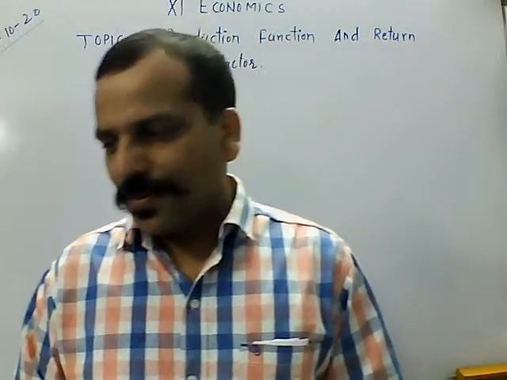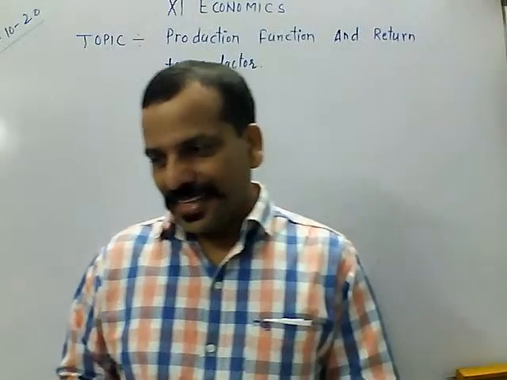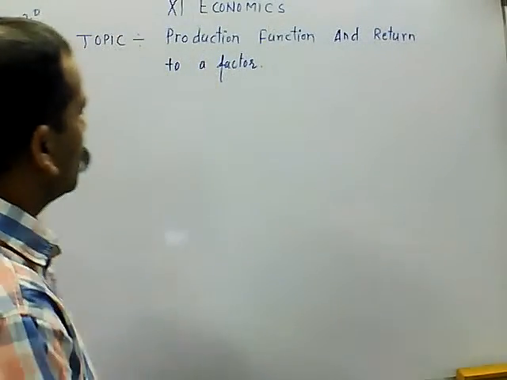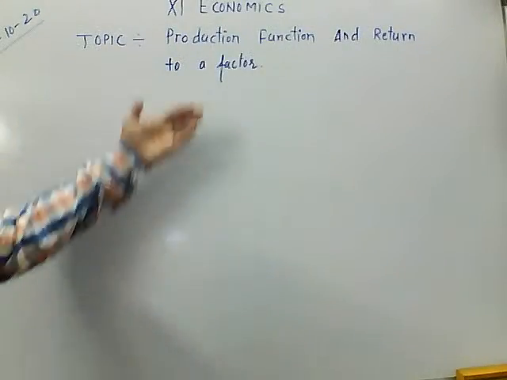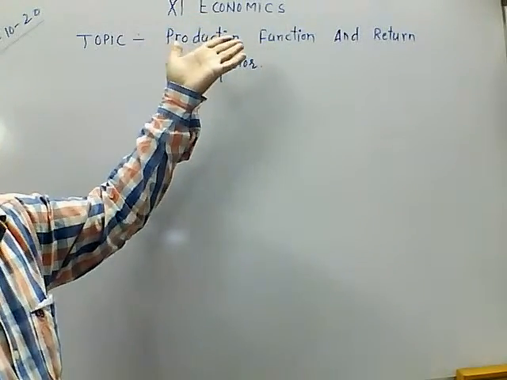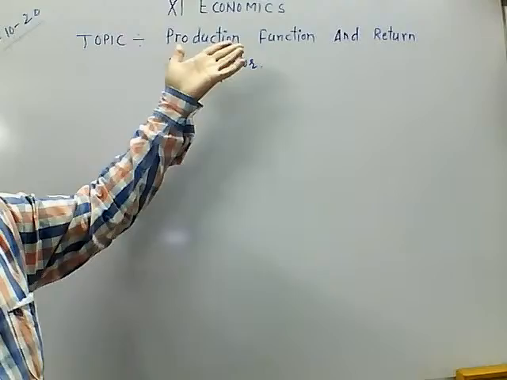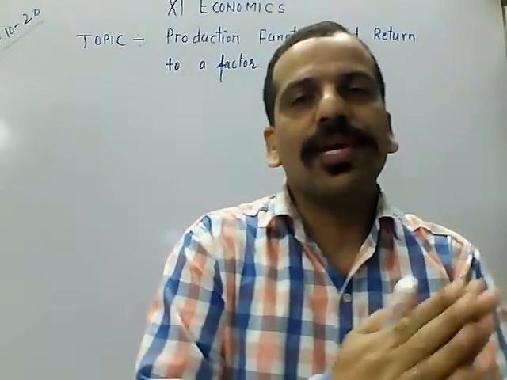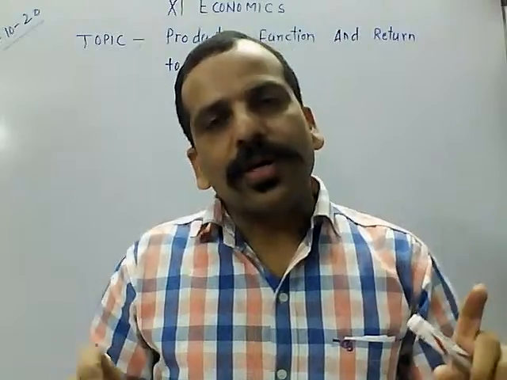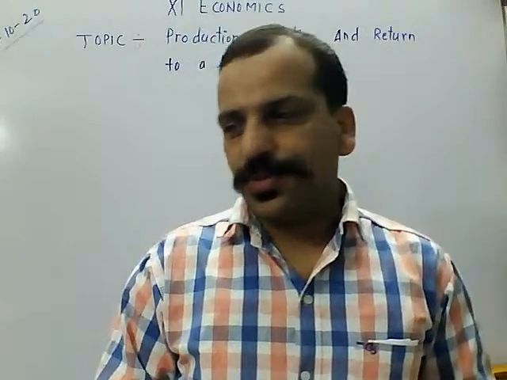Yes or no, Betty? Yes. So production. This is about the production. Now production function. So this is a functional relationship between input and output. Now function means functional relationship between what? Input and output.